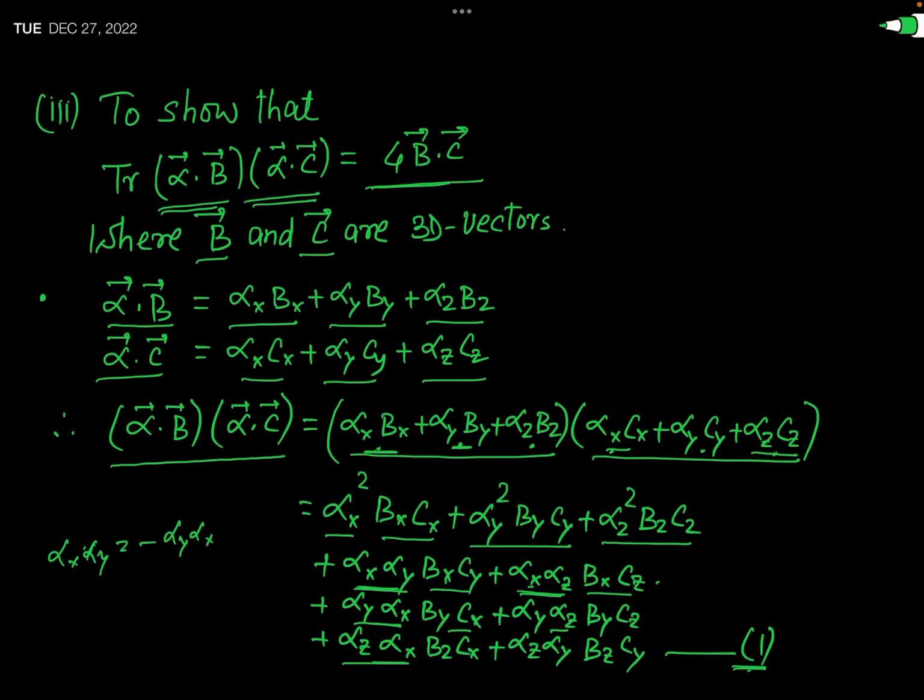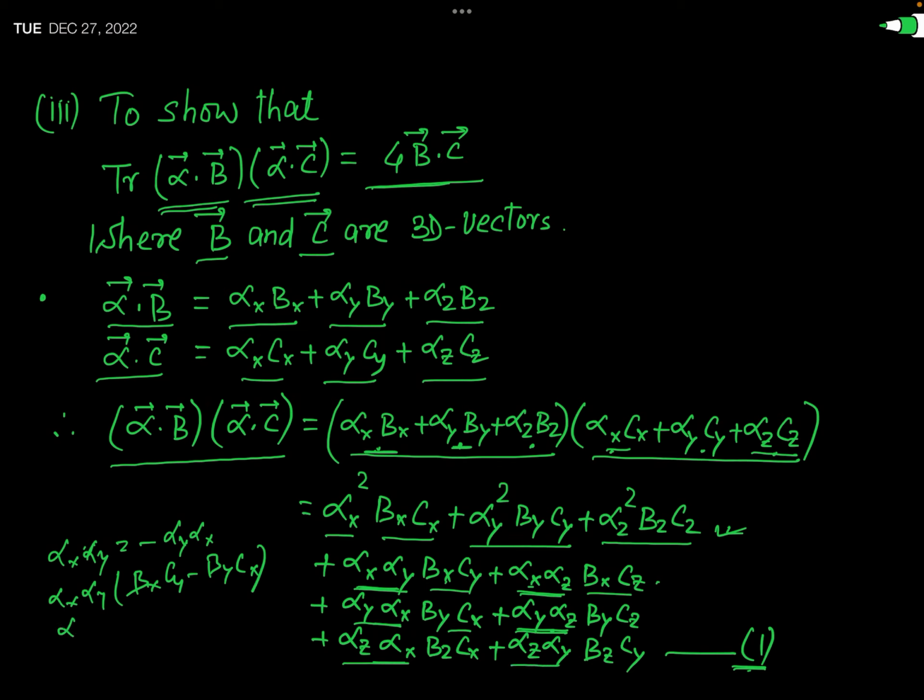I am not writing this step, but see here, alpha x alpha y will be common, and there will be bx cy minus by cx. Again, this alpha y alpha z will be equal to minus alpha z alpha y.